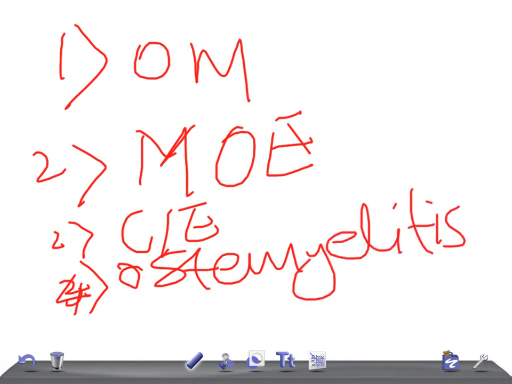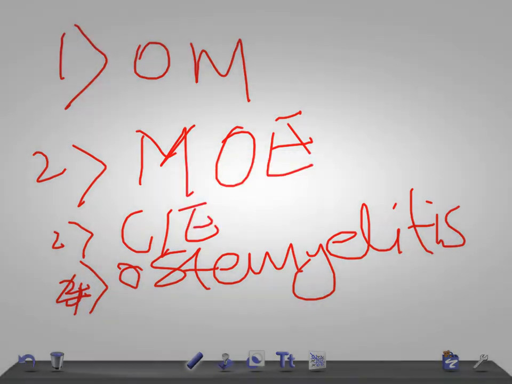Okay, guys? Clear? Now let's talk about the management. How would you manage? What are the important steps you should look for? What are the best steps? No need to send for any cultures, and no need to start systemic antibiotics.